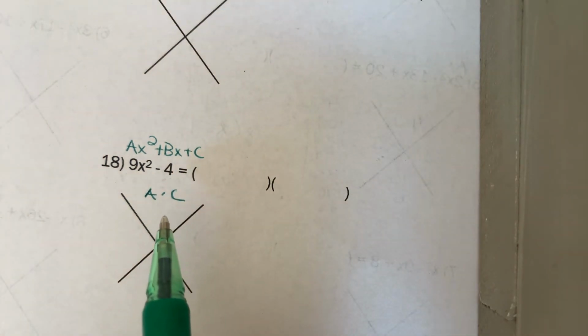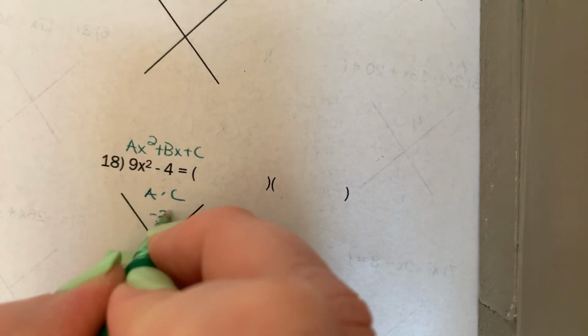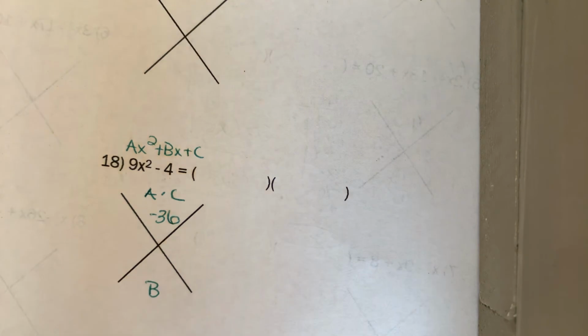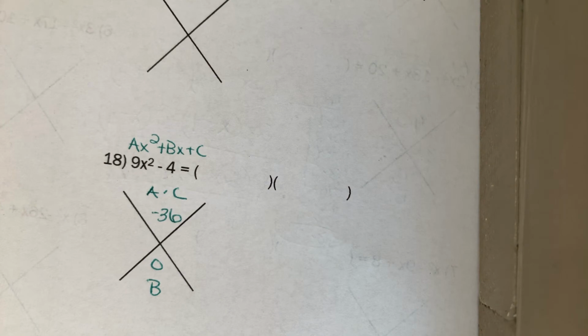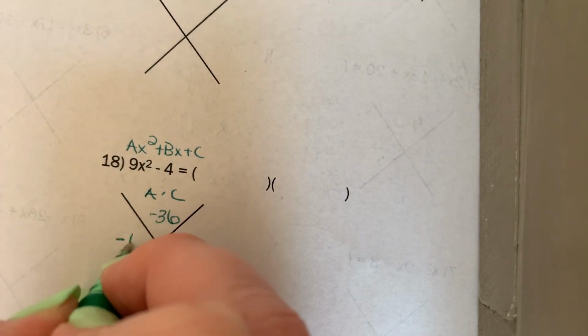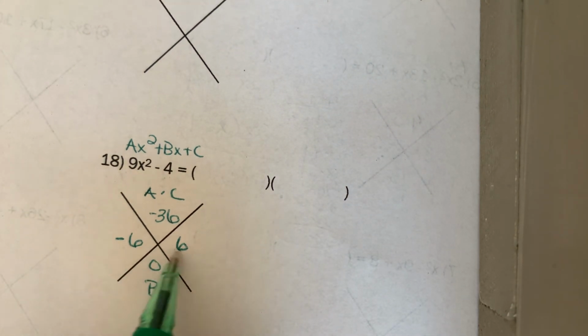So 9 times -4 is going to be -36. Our b goes on the bottom. So our b in this case is 0 because it's not there. So we need to find two numbers that when you multiply them, you get -36, but when you add them, you get 0. In this case, it's going to be -6 and 6. Whenever you have a 0 on the bottom, the two numbers on the side are going to match.